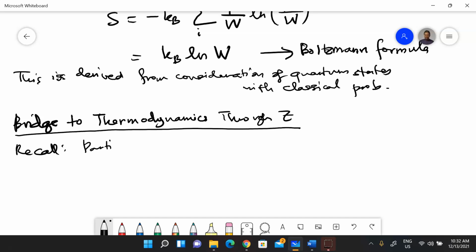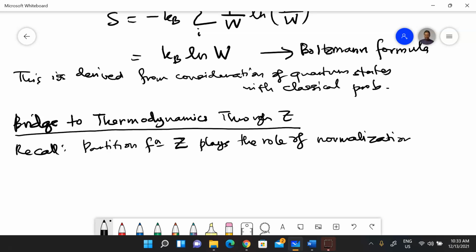Before, we understood it in a particular way: the partition function Z plays the role of normalization, such that the sum of Pi must equal 1.